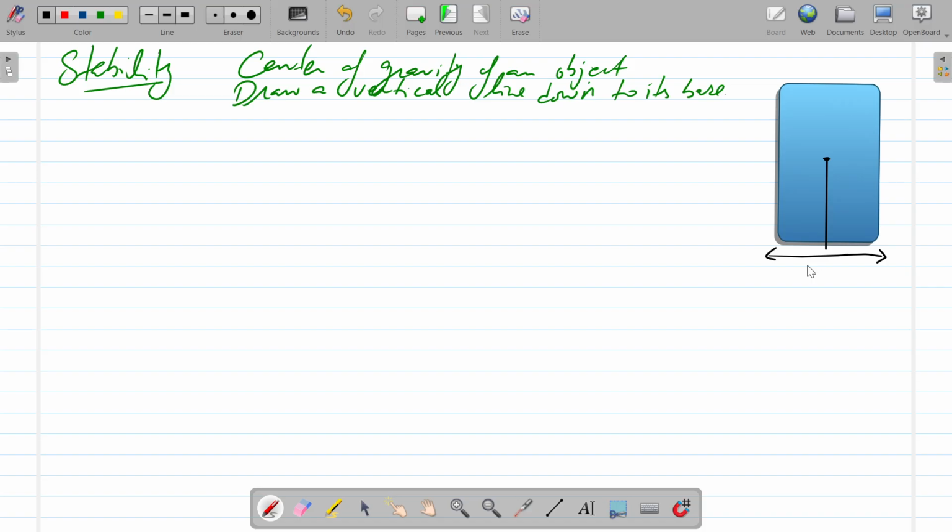It could be any object. If it is falling within the area enclosed by the base, it will be stable, and stable means it will not topple over.